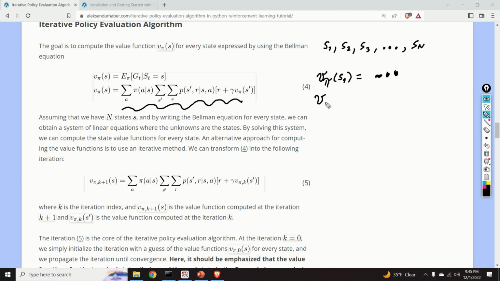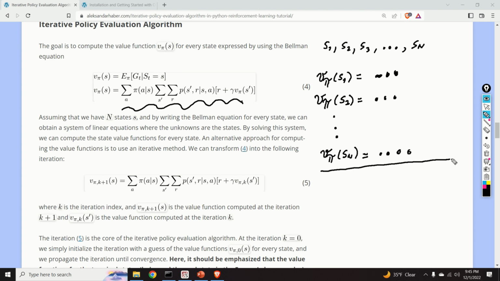Then we can write the value function for the state S2, and we can use the Bellman equation to express the right-hand side. Again, here I will write 3 dots. By repeating this process, we will end at the value function at the state Sn. And again, we can use the Bellman equation to express the right-hand side.